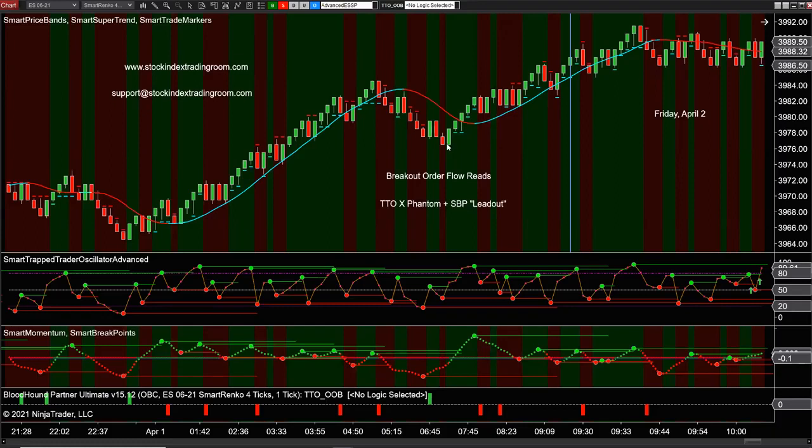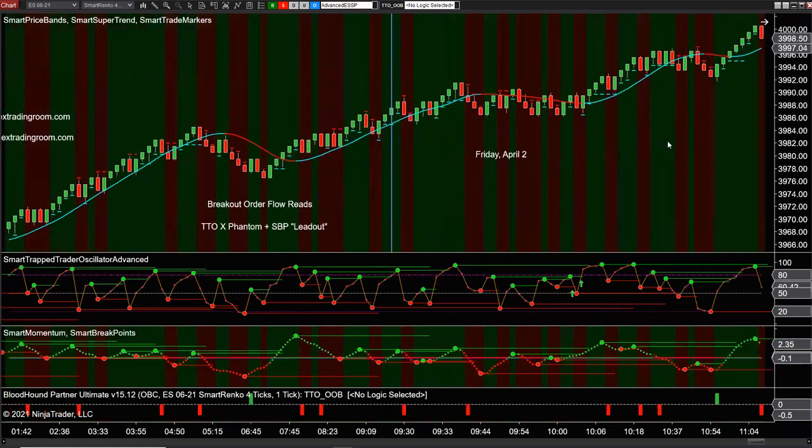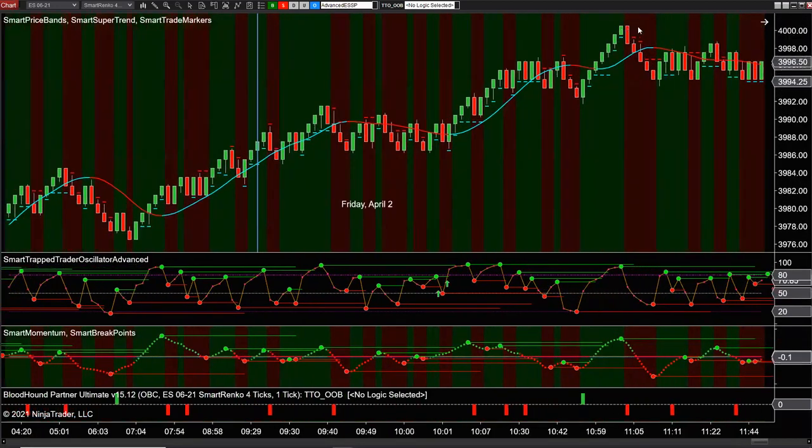And in the room, we measured this to 4,000. As unlikely as it seemed for a lot of our members, it was just from the bottom here to the top here and the reset, and then whatever the bottom is associated, we don't know that yet, but we were pretty sure. And then we get our breakout order flow read, and so here was our first arrow in the room, and you can see away we go and up to the 4,000 area.